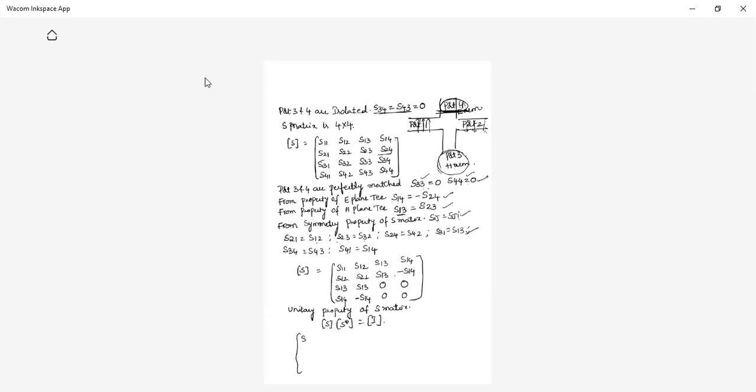Now this is my S. S11, S12, S13, S14; S12, S22, S13, minus S14; S13, S13, 0, 0; S14, minus S14, 0, 0, into the conjugate: S11 star, S12 star, S13 star, S14 star; S12 star, S22 star, S13 star, minus S14 star; S13 star, S13 star, 0, 0; S14 star, minus S14 star, 0, 0, is equal to the unitary matrix: 1, 0, 0, 0; 0, 1, 0, 0; 0, 0, 1, 0; 0, 0, 0, 1.